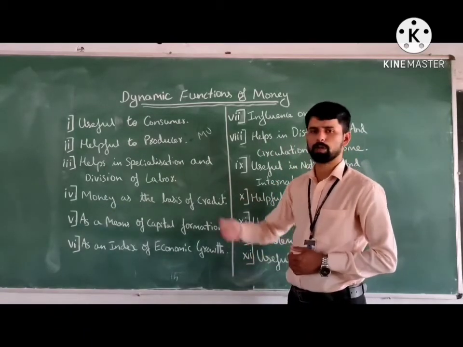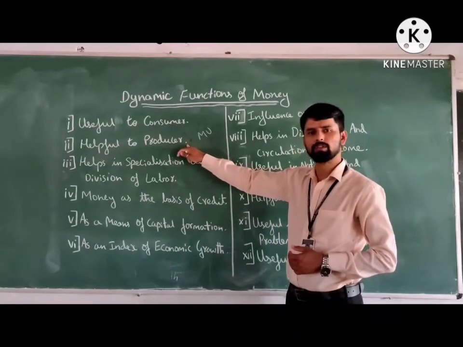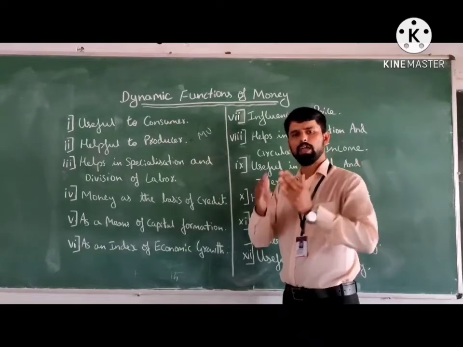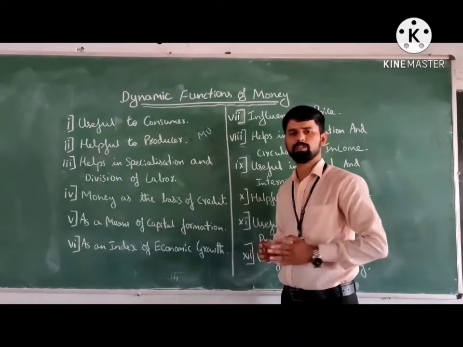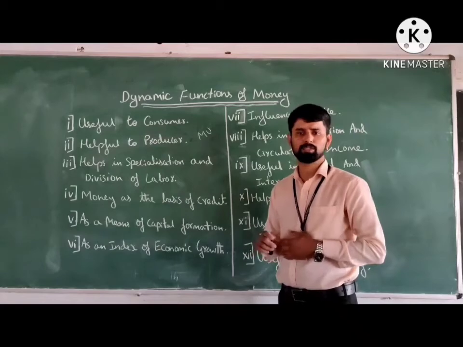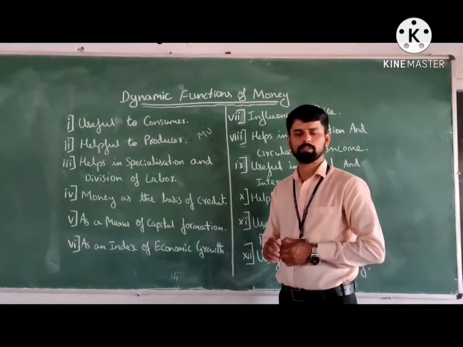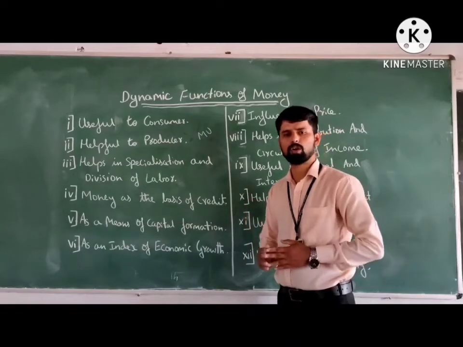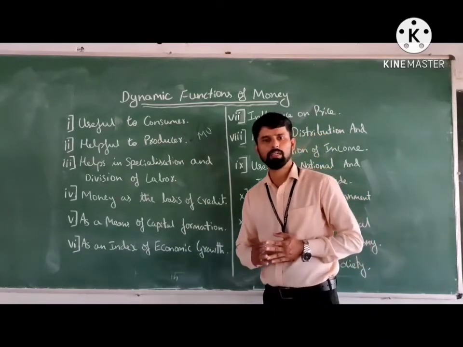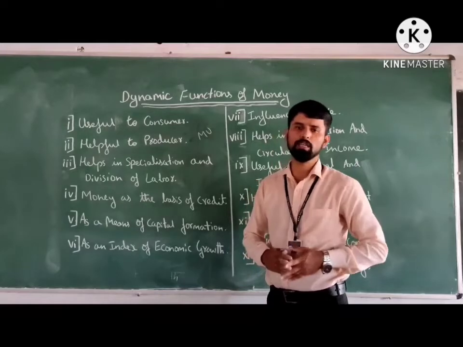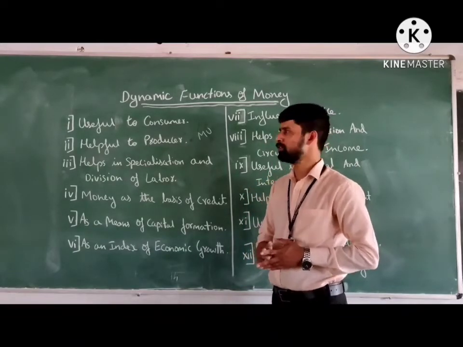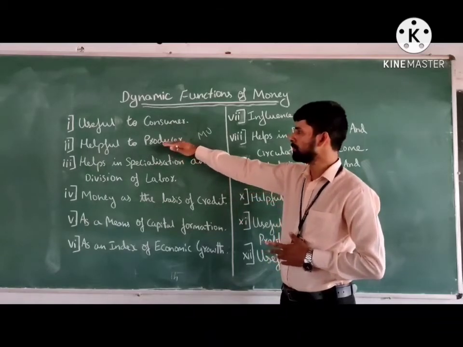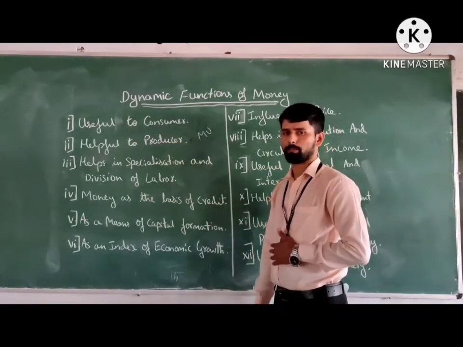Money is used by the producers even for the flow of goods and services from industry to agriculture to the service sector or other sub-sectors. Money plays a very important role, because the value of every good and service in the economy is represented by prices, and prices are money values. So that is the second dynamic function, that money is helpful to the producer.